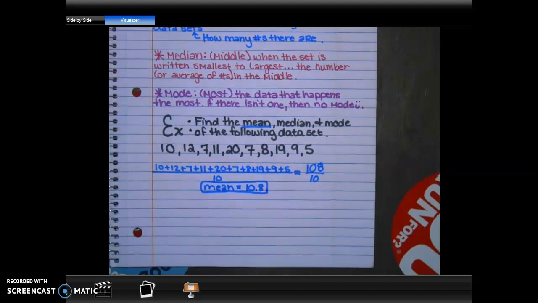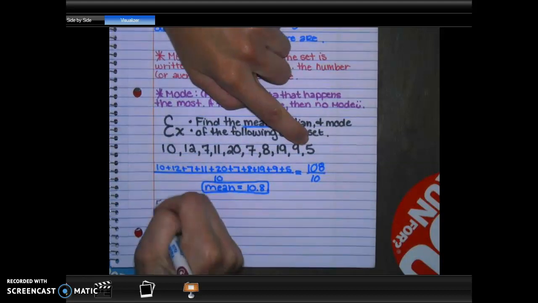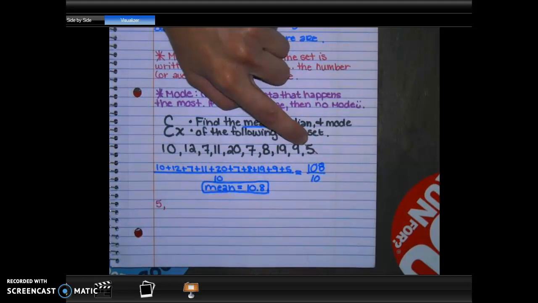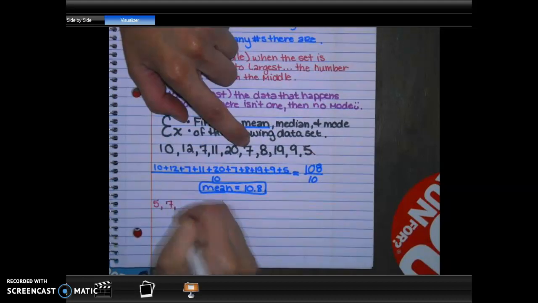Alright, now for median. This is going to be in the middle. Now for us to do this, we need to list our numbers in our data set from smallest to largest. So let me see, our smallest number is 5. And here's what I do once I write them down, I mark them out. That way I don't write them again. Next would be 7s, and there are 2 of them, so you have to write both of them down.